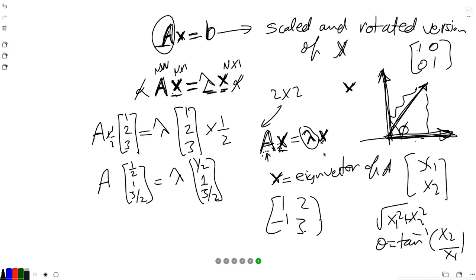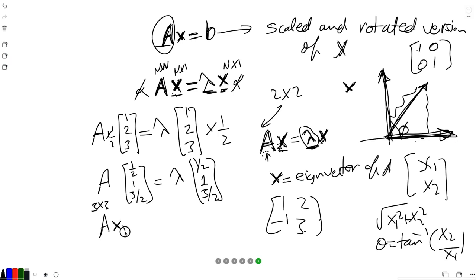But we also have 2 eigenvalues, because the eigenvalue is the scale in the direction of that eigenvector. So in general, when we have A, let's say A is a 3 by 3 matrix and it is full rank, then we will have 3 eigenvectors.